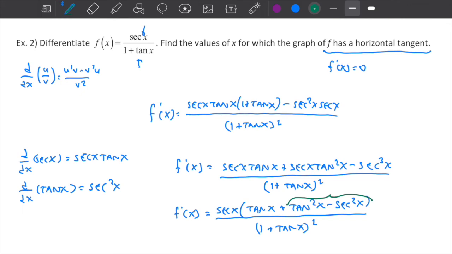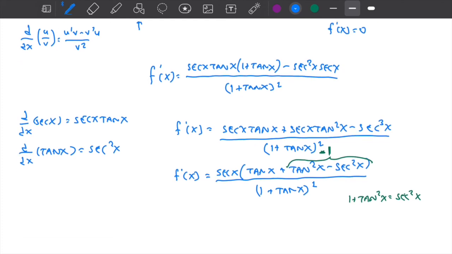That is equal to negative 1. Whoopsie, that's equal to negative 1. And so we have one more step, neatening things up. That's f prime of x. That's secant times tan x minus 1 over 1 plus tan x squared.